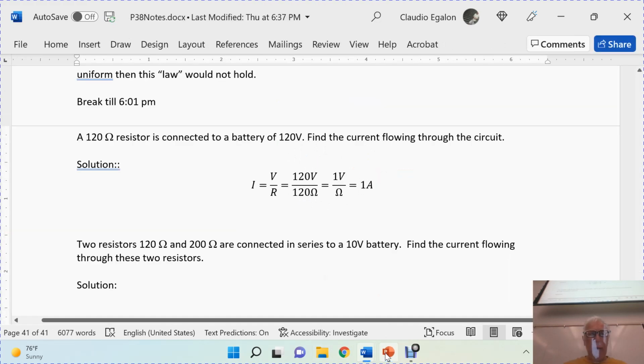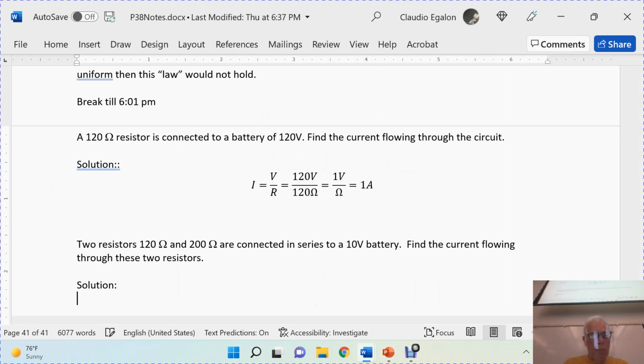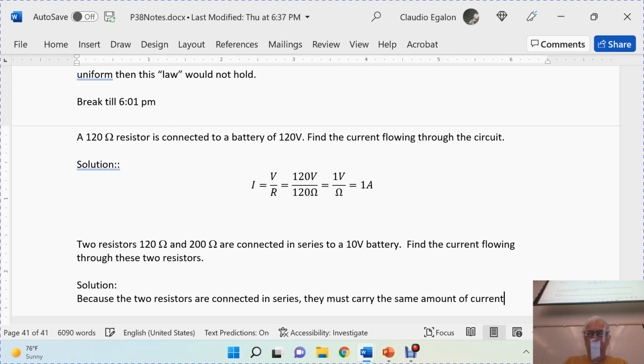Let's go back here. Because the two resistors are connected in series, they must carry the same amount of current. Why is that?